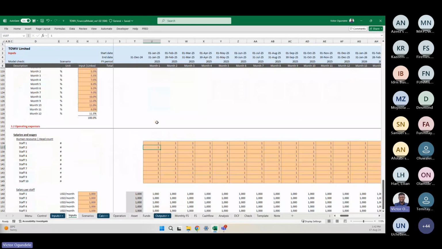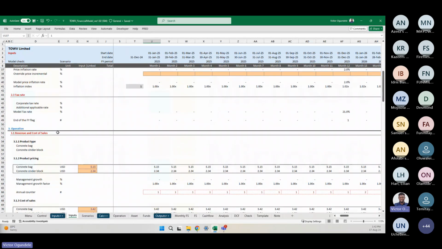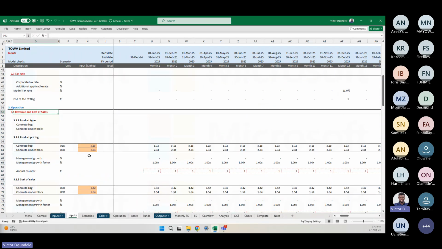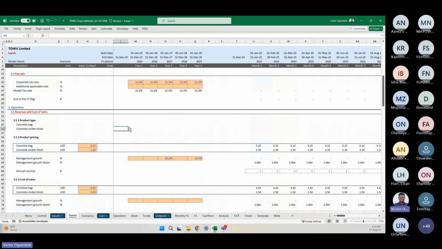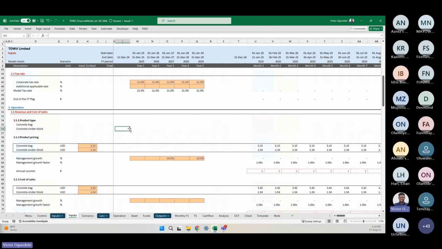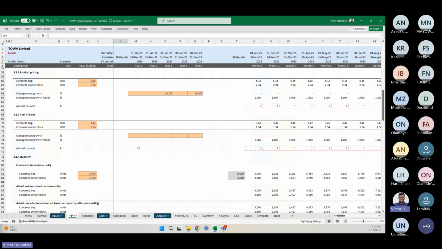All right. So it seems we are done with this operation segment. As I said, an operational model is not expected to be operated by a non-finance person or someone that does not understand the concept of modeling. So don't worry about it. It might look complex, and the average person might not be able to use it.